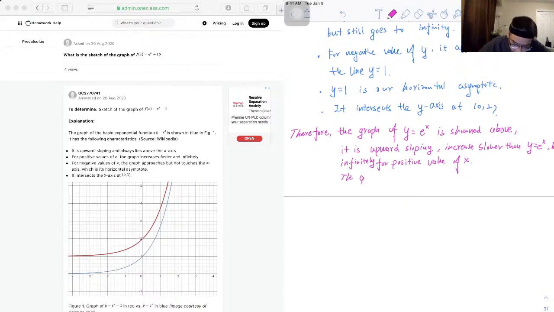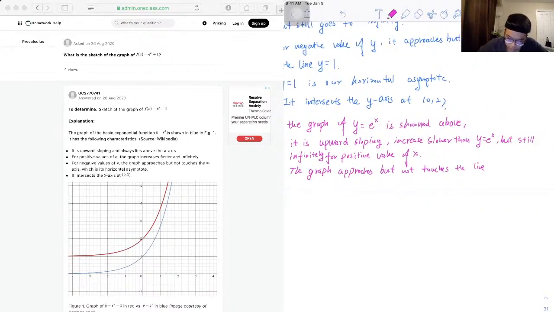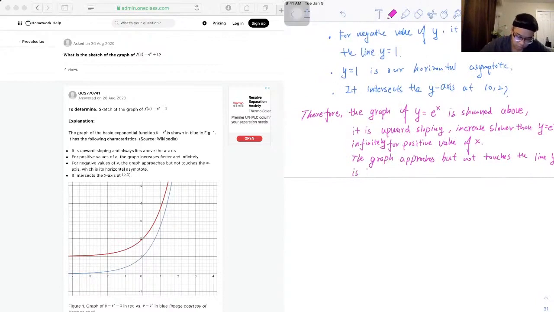In the graph, it approaches but does not touch the line y is equal to 1, which is the horizontal asymptote.